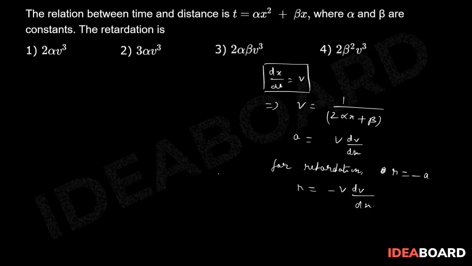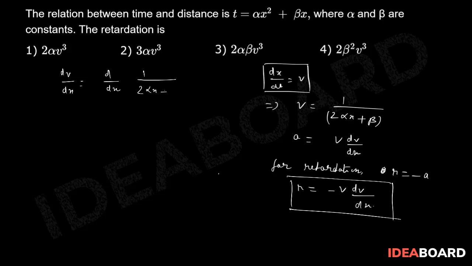So first of all, this is the relation. Let us find dv upon dx, which is d upon dx of 1 upon 2 alpha x plus beta. Now this has to be treated as 2 alpha x plus beta to the power minus 1. So this will be minus 1 into 2 alpha x plus beta to the power minus 2.